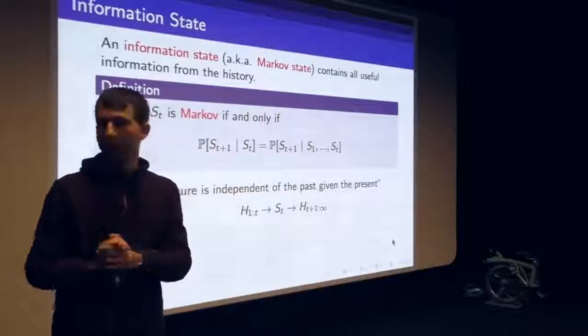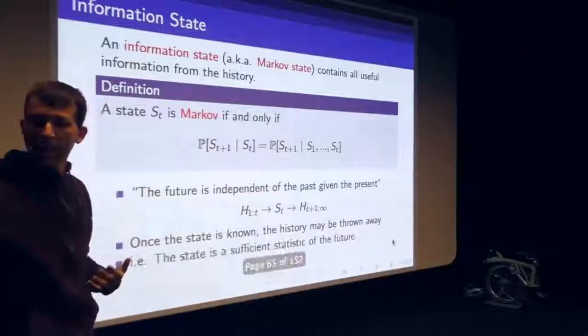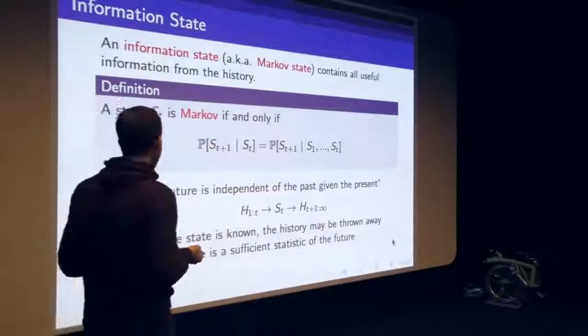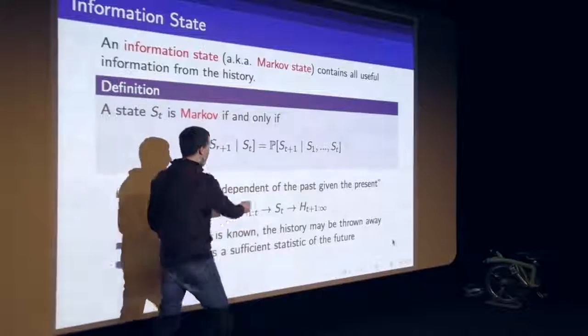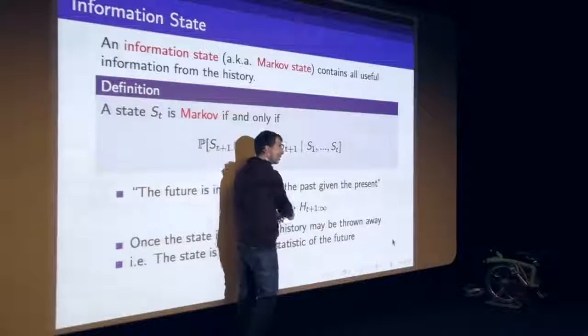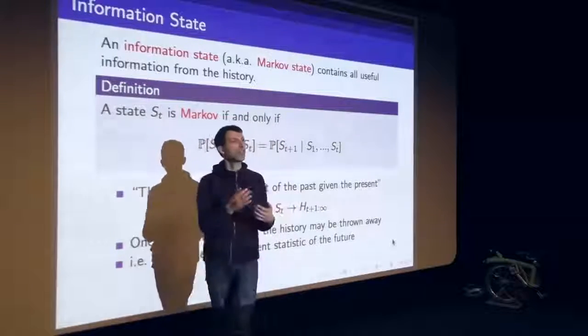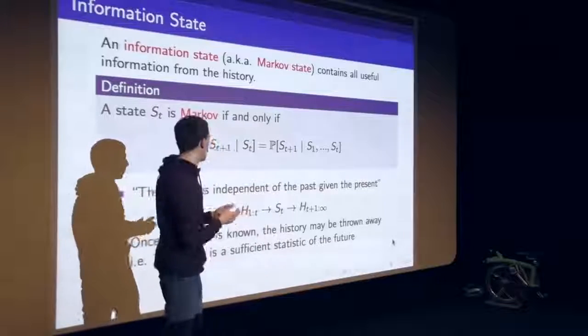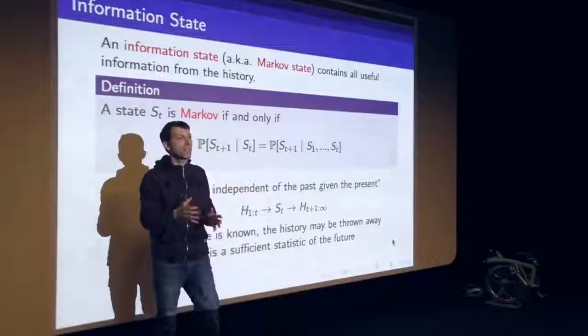So that's the definition of a Markov state. We can throw away the history now. Another way to say the same thing is that the state is a sufficient statistic of the future. So this state fully characterizes the distribution over future actions, observations, and rewards.